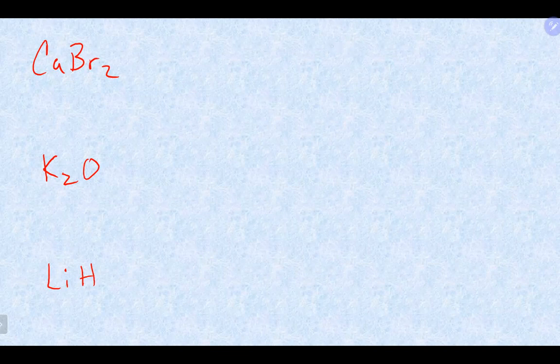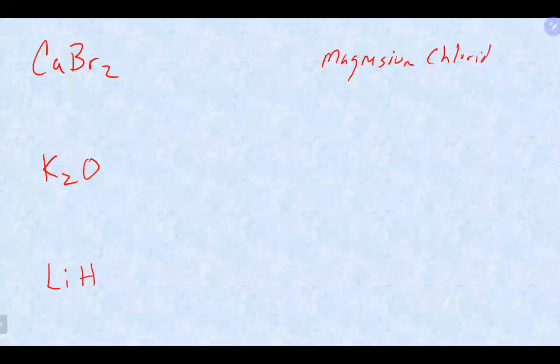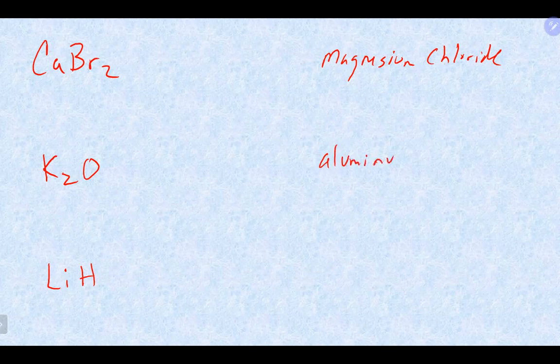Let's do magnesium chloride, aluminum oxide, and silver nitride. All right, so take a couple minutes here to make sure everybody's on the same page for these type 1 compounds. Give the names on the left and the proper formulas on the right.